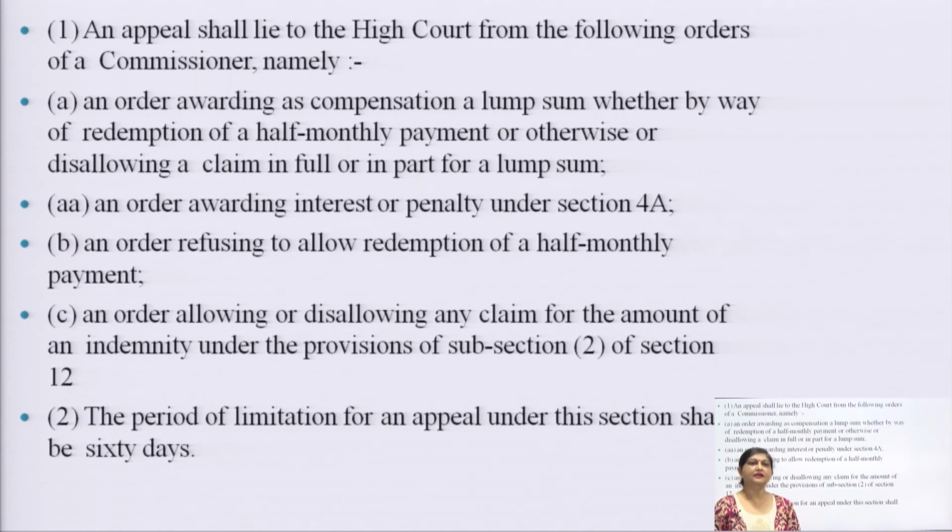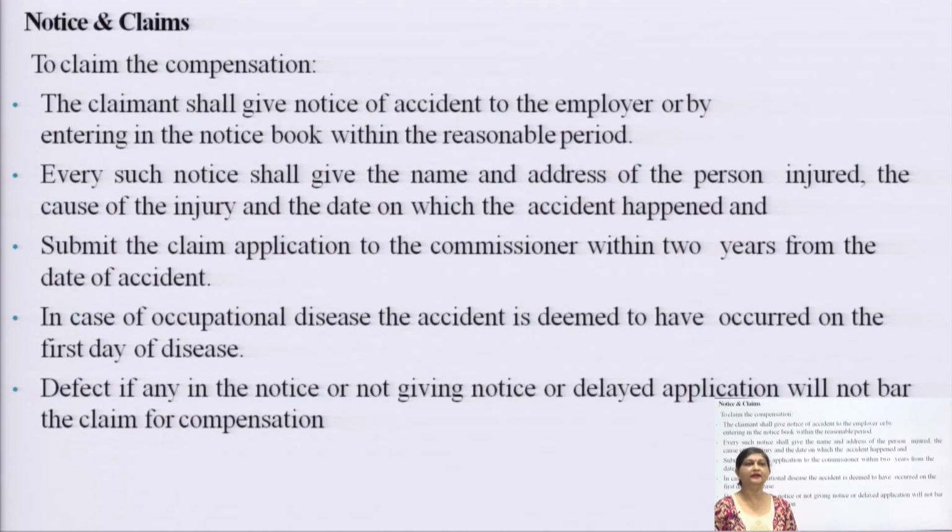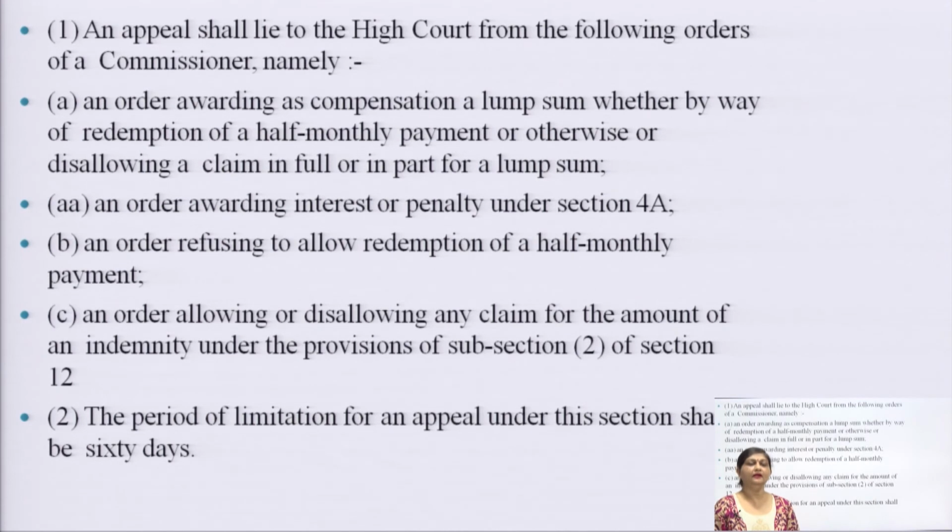And in that case, an appeal shall lie to the High Court. If the matter is not resolved with the commissioner, then an appeal can be made to the High Court from the following orders of a commissioner: an order awarding as compensation a lump sum, whether by way of redemption of half monthly payment or otherwise, or disallowing a claim in full or in part.